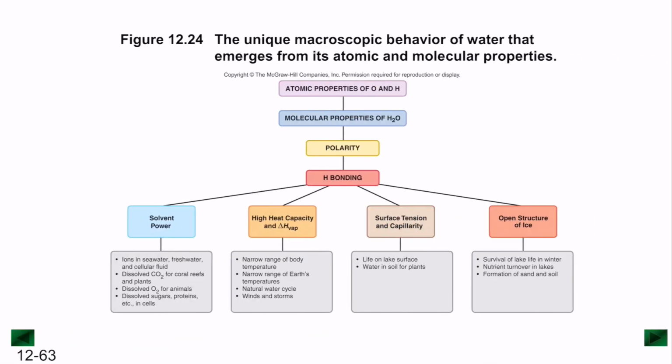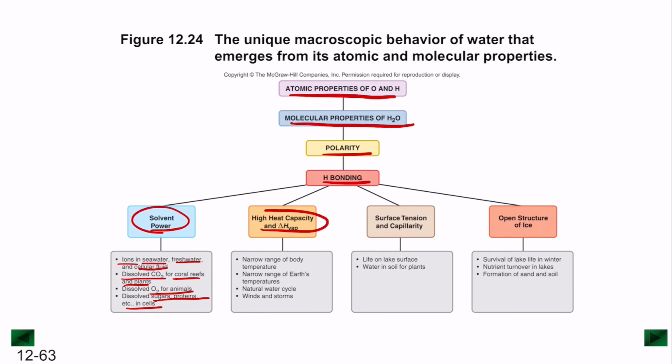Now, so these are the properties. The atomic properties of oxygen and hydrogen result in the molecular properties of H2O, and the molecular properties of H2O result in polarity. The polarity results in hydrogen bonding. The hydrogen bonding then creates solvent power, which can easily dissolve ions in seawater, fresh water, and cellular liquid. It can dissolve carbon dioxide for coral reefs and plants. It has dissolved oxygen for animals, and it has dissolved sugars and proteins in cells.